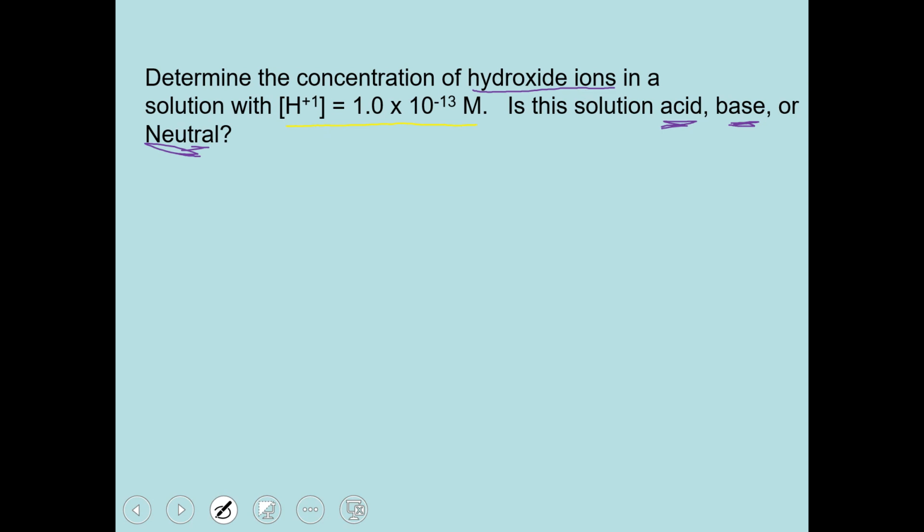So how are we going to go about calculating the hydroxide? Remember on the previous slide that the equilibrium constant or ion product constant for the water is equal to the hydrogen ions times the hydroxide ions.